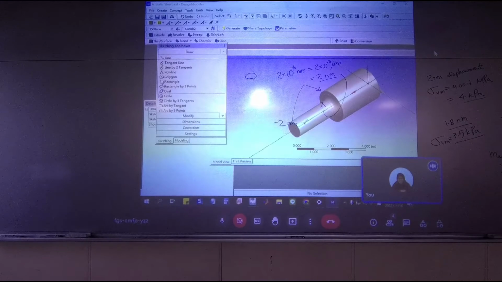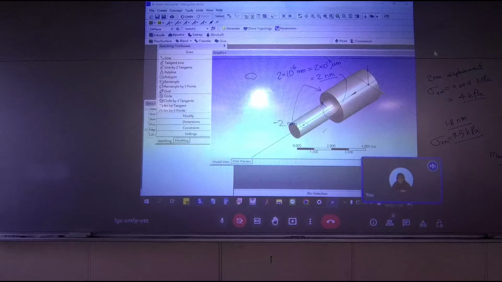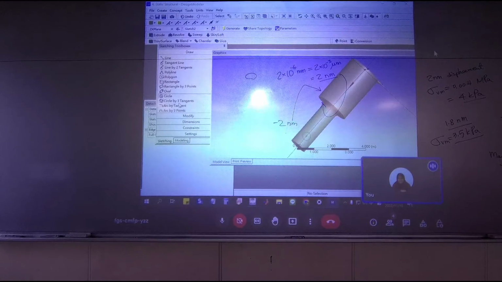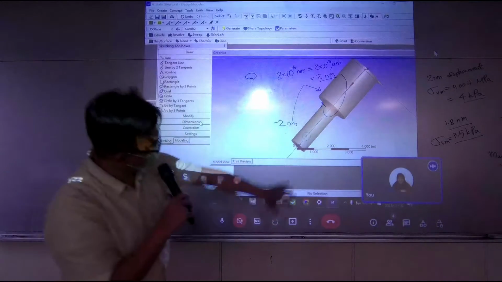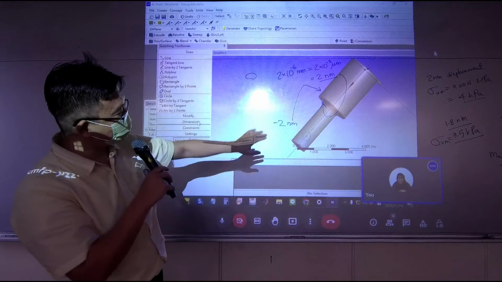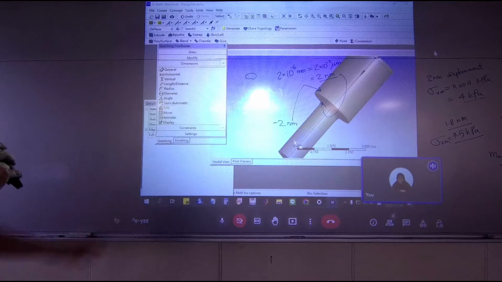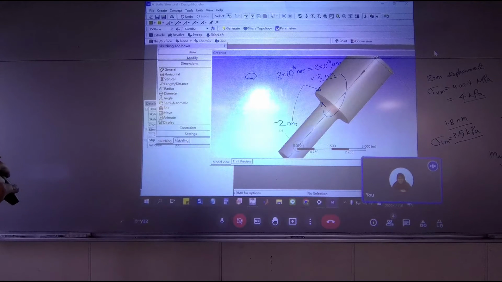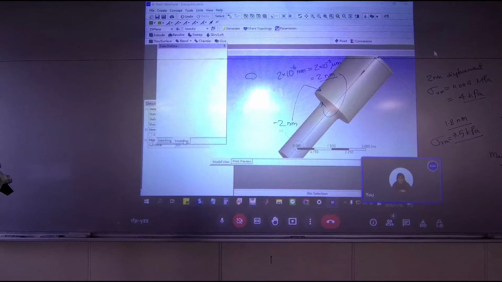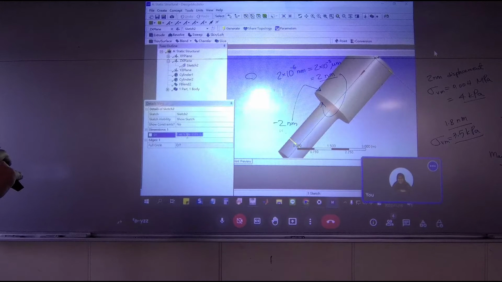Draw a circle, somewhere. Okay, that's fine. Can you make it larger? Okay, so he draws a circle on this plane, a little larger. Okay, make it 0.7.